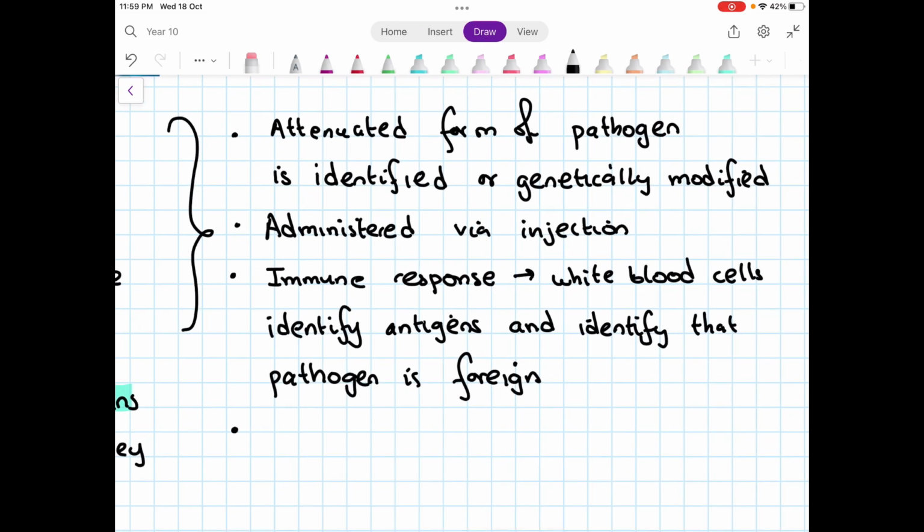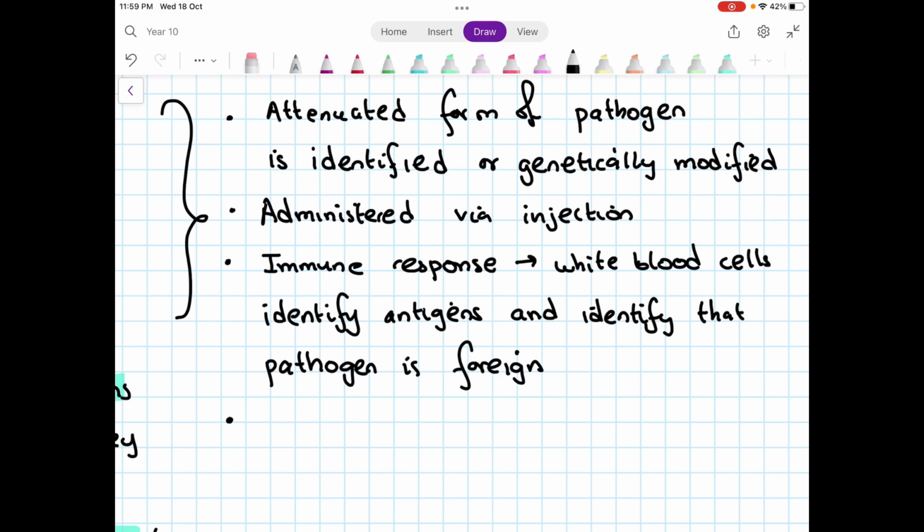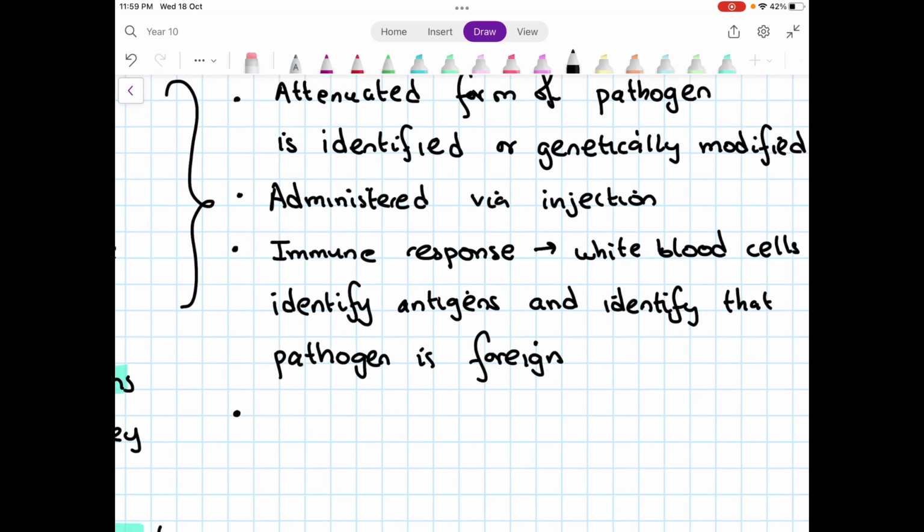And now we have specific types of white blood cells called lymphocytes, which produce antibodies, and these have different effects on pathogens.